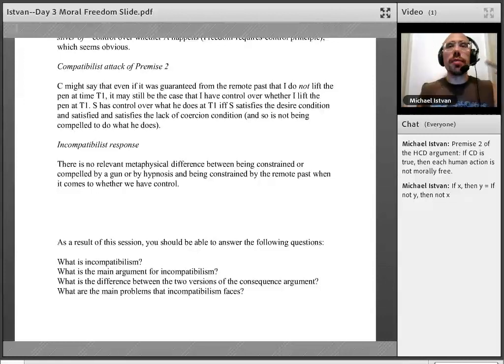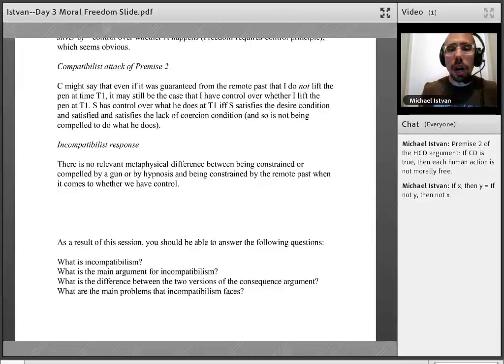You can relate them to the HCD argument, which is why I start off with the HCD argument. Incompatibilism affirms premise 2 of the HCD argument. Now, what is the main argument for incompatibilism? The consequence argument. There are two versions. What's the difference between the two? One focuses on ability, the other focuses on control. If I were to ask you to write about these things, I would ask you to go into more detail, but that's the basic gist of it. We just went through it.